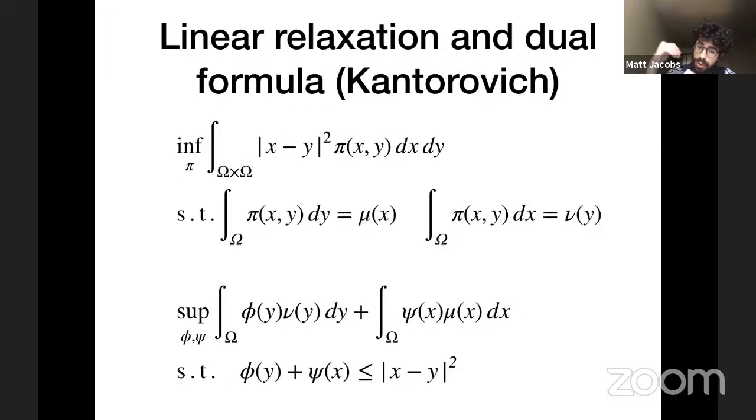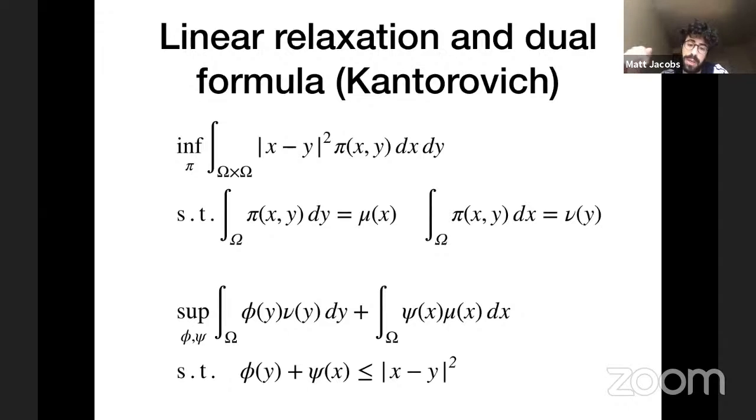Of course, when you go to the dual problem, you don't have n squared variables anymore because you just have your Kantorovich potentials, which are just functions that integrate against the measures. So they should be defined on the same spaces as your measures.